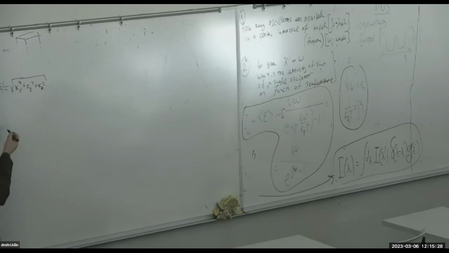The frequency corresponding to this vector will be the absolute value of this wave vector times the speed of light. And the wavelength will be just 1 divided by the length of this vector, if you need it.